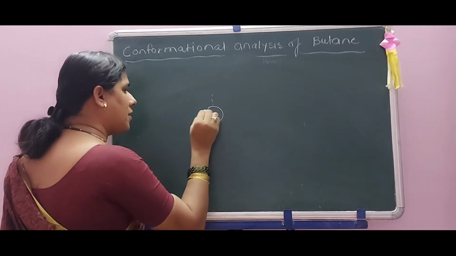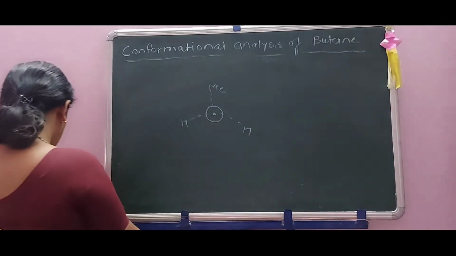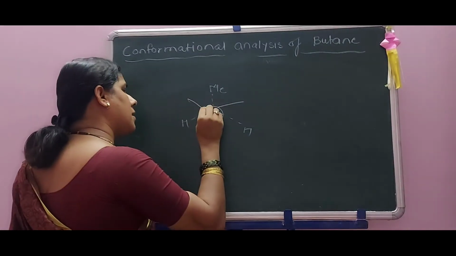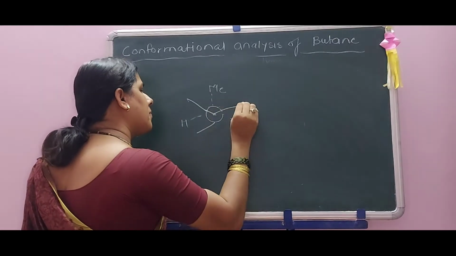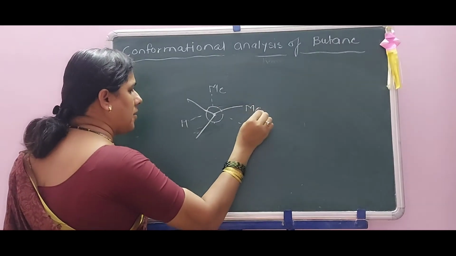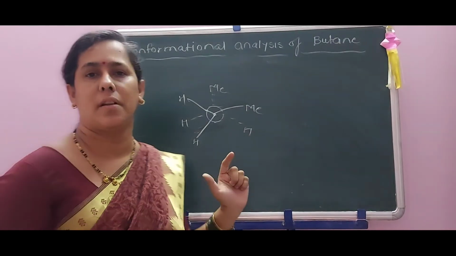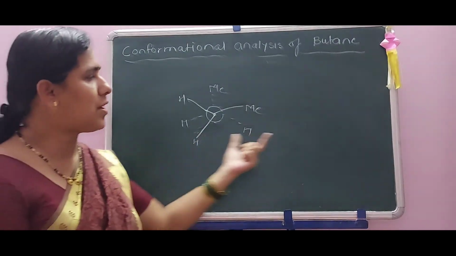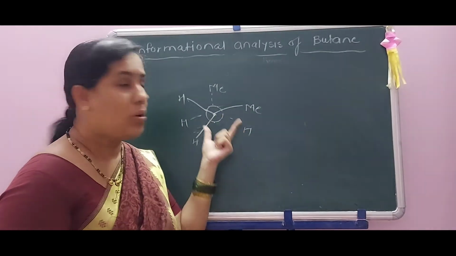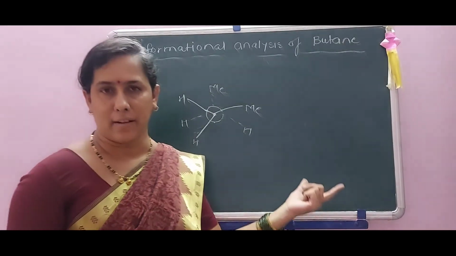This is the front carbon atom: Me, H, H here, and on the rear carbon, Me, H and H. This type of structure is called a skew, which is the intermediate structure between the eclipsed structure and the staggered structure. Whatever the skew structure, its physical and chemical properties are in between the eclipsed structure and the staggered structure.